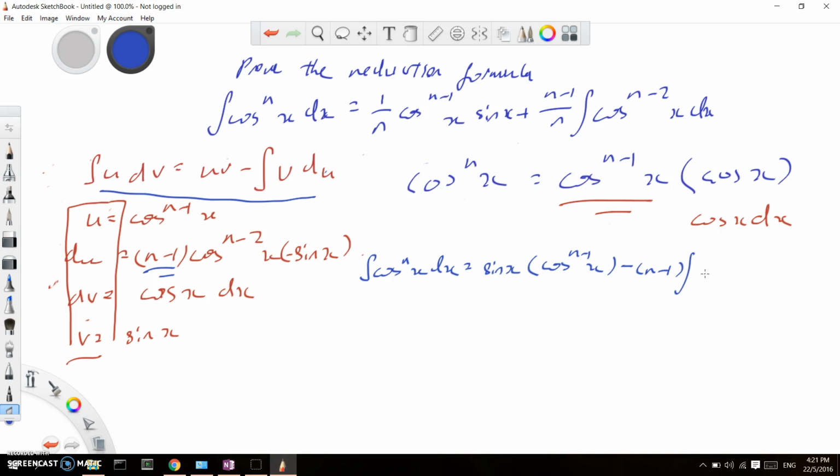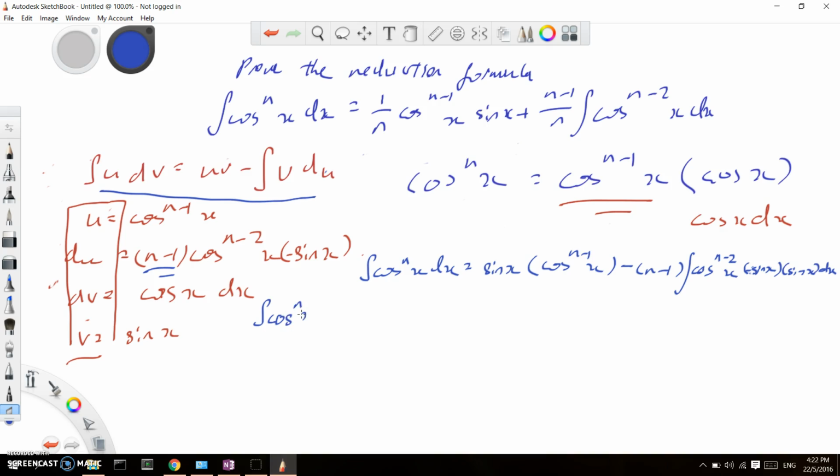So we get n minus 1 cos to the power of n minus 2 x sine x, and v being sine x. Oh wait, sorry, made a mistake. This should be negative sine x, negative sine x, and then we have v to be sine x, and finally dx. Remember this.